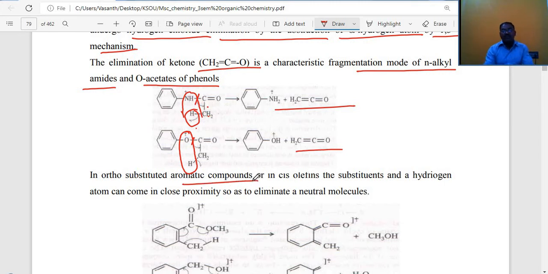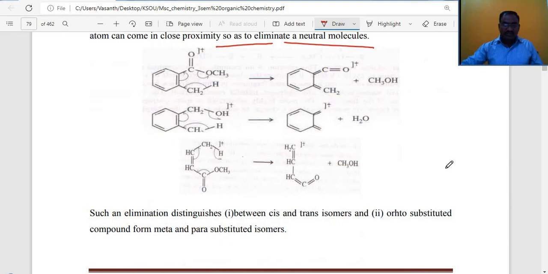In ortho-substituted compounds or in cis olefins, the substituents and hydrogen atoms can come in close proximity so as to eliminate a neutral molecule. These are the ortho positions, cleavage of this, like that you are going to read.